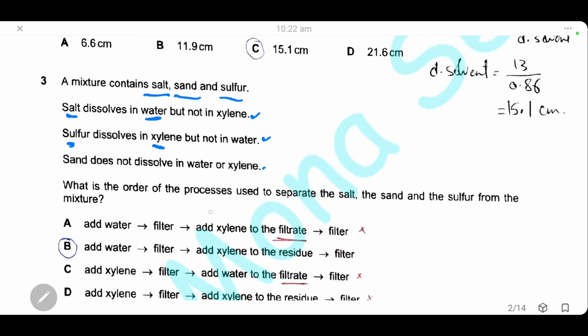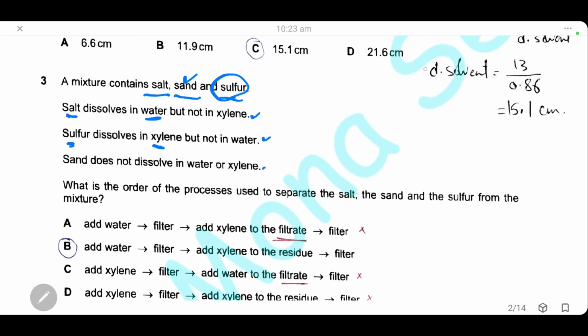What is the order of the process used to separate the salt, the sand, and the sulfur from the mixture? We can start by adding water to dissolve the salt, then we will filter the water, and we will add the xylene to the residue because the residue contains sulfur. After that, the sand will remain.